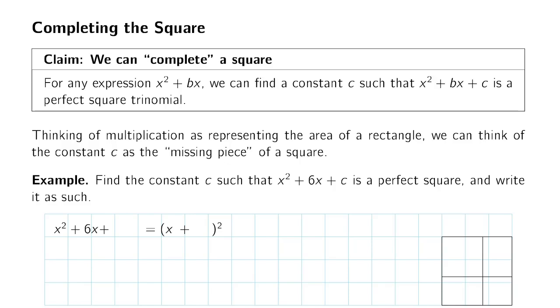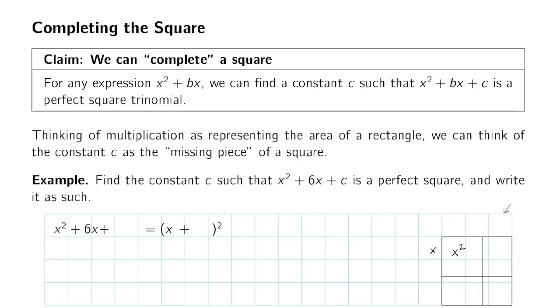So here I have x squared plus 6x, and I want to figure out what constant I can fill in to get a perfect square. And here's how I'm going to do that. All right, so I've drawn a square here. It's a square, its length and width are the same. And I'm going to think of my x squared as being this bigger square.